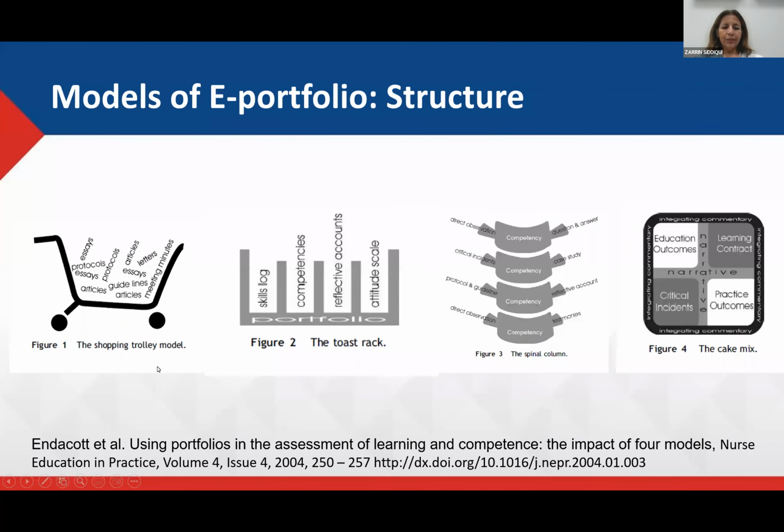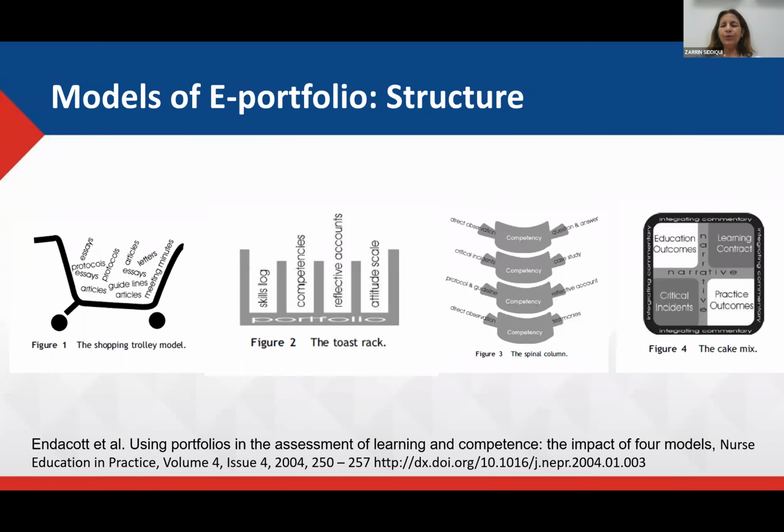The first one is the shopping trolley model, where you have a repository and you just put everything inside that. We use this model for our medical program at UWA. Like I said, the curriculum was around 6 themes. For each theme, I had a shopping trolley type thing where they can put all the artifacts and evidence in one, and then we will look at that. The second one is the toast rack model, where there is a compartment.